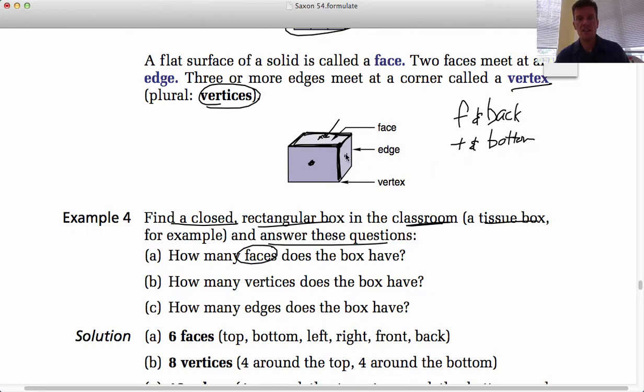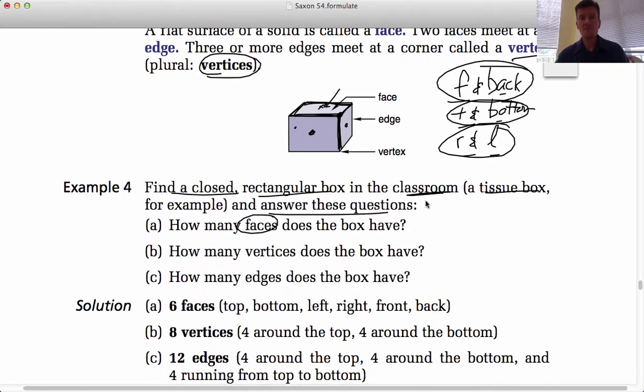And then it has right and left. So there are going to be 1, 2, 3, 4, 5, 6. The front and back are going to be identical in a rectangular solid. The top and the bottom are going to be identical, and the right and left are going to be identical as far as shape. So you have six faces for the box.